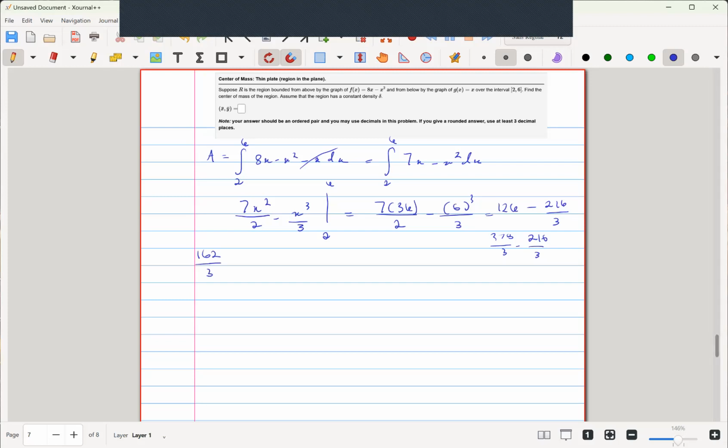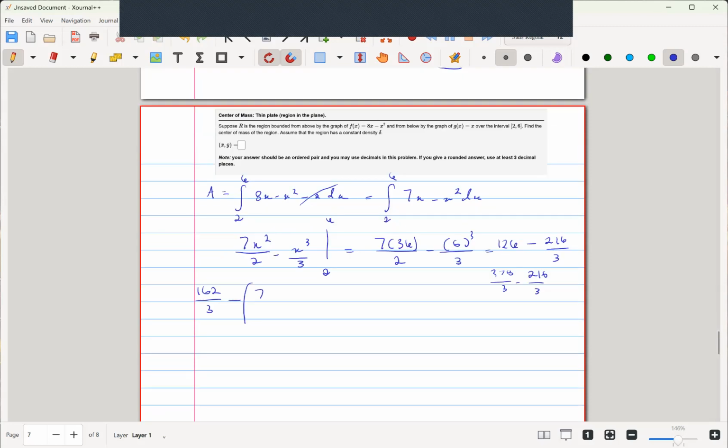Minus, I'm used to having 0 as our lower bound and canceling out everything, so now we have 7 times 4, which is 28 over 2, which is 14, minus 2 cubed, which is 8, over 3.